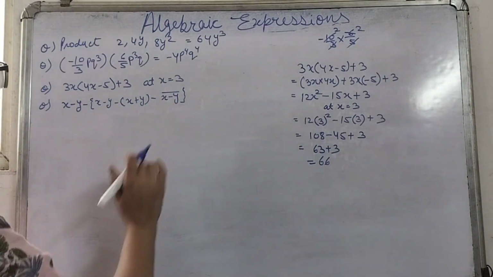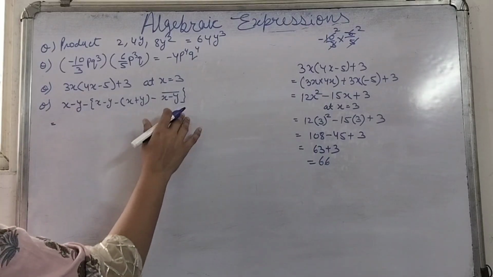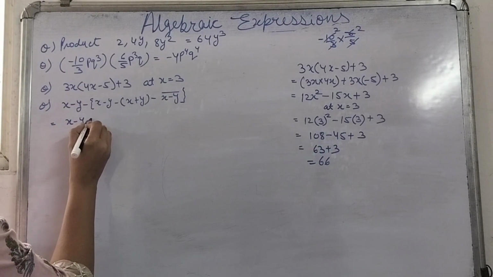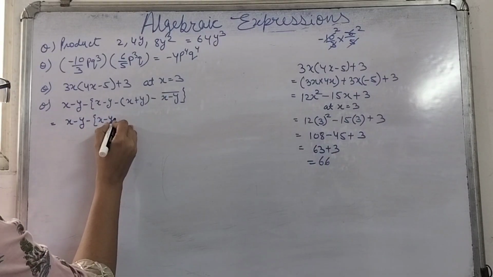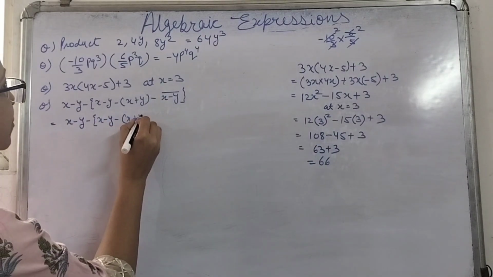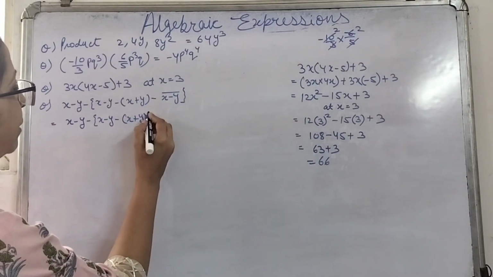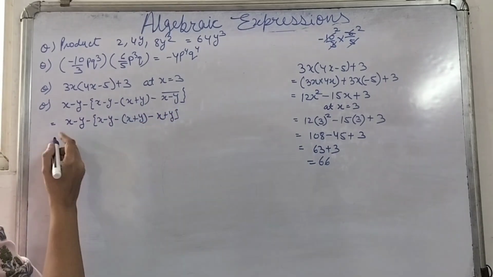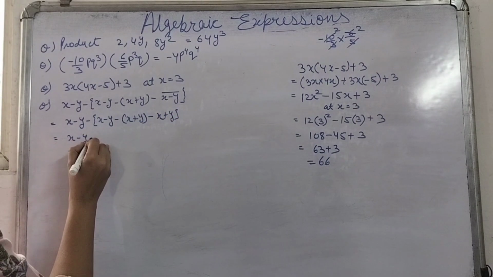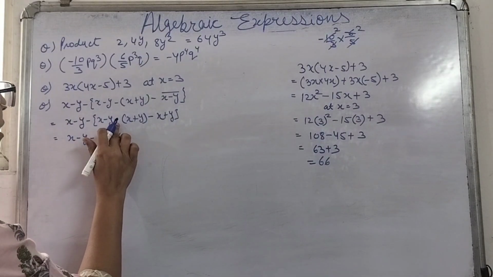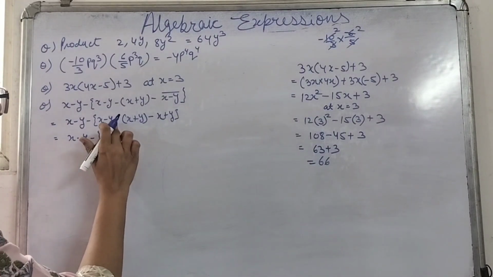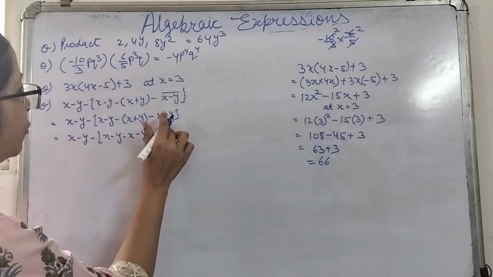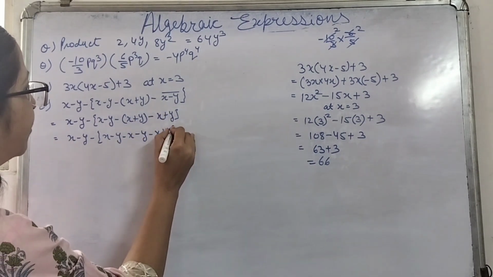Now if we have to solve this part, again first of all vinculum will be solved as we just discussed. So the rest of the things we will be writing as it is. x minus y minus (x plus y), minus will be multiplied by both of them, minus x, and this will become plus y. Now the small bracket will be solved. x minus y, this minus will be multiplied by both of them. So minus x, minus y, minus x, plus y.